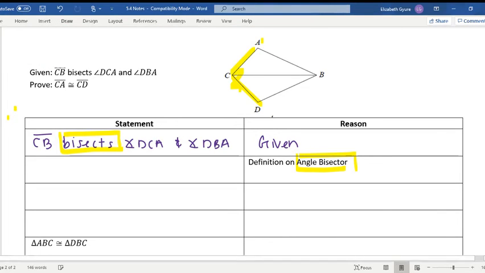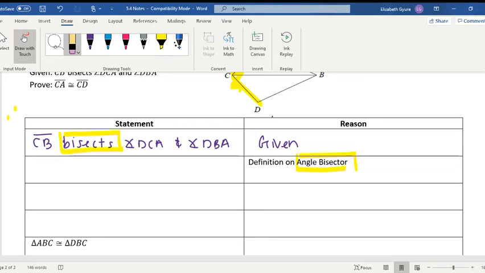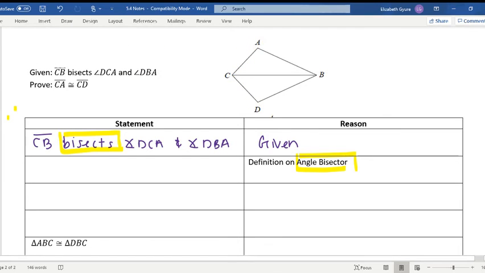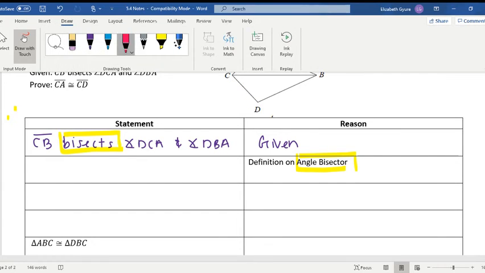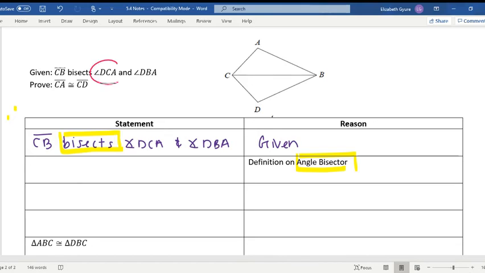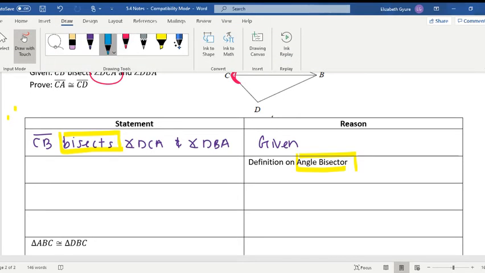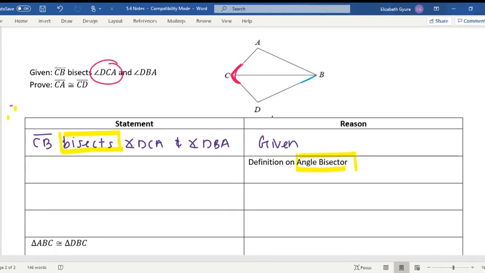So we actually have a bisector happening in two places here. It's bisecting DCA, which is right here, and it's bisecting DBA, which is right here. So that means either of those corners there are getting cut in half.